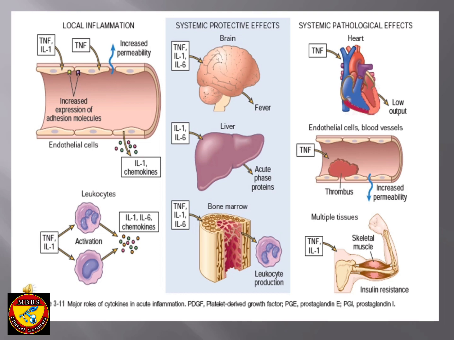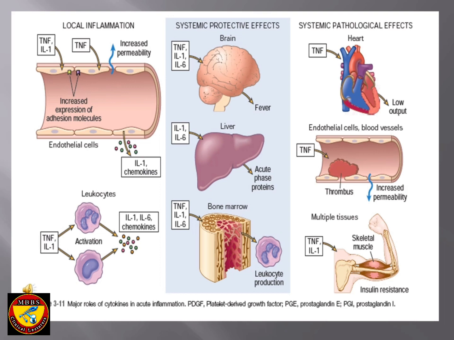Then comes the systemic. What are the different systemic protective effects of TNF and interleukin 1? It acts on the brain and causes fever, so the increase in temperature helps kill the bacteria and microorganisms if they are present. From the liver, it secretes different acute phase proteins, which are C-reactive proteins, right?